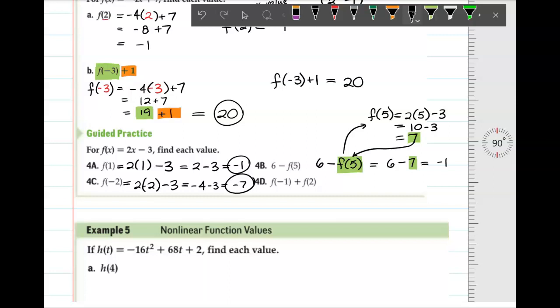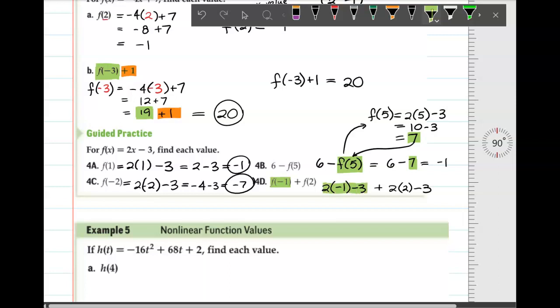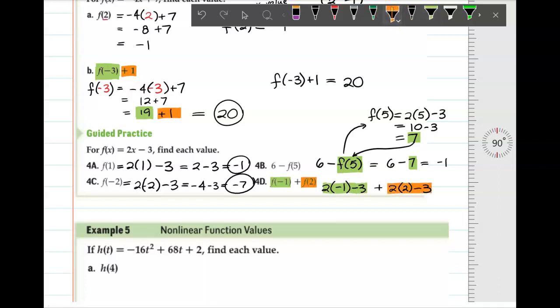This next one is the most complicated. First we have to do f of negative 1, so 2 times negative 1 minus 3, and we have to do f of 2. So again we have f of negative 1 right here, and we have f of 2 right here.